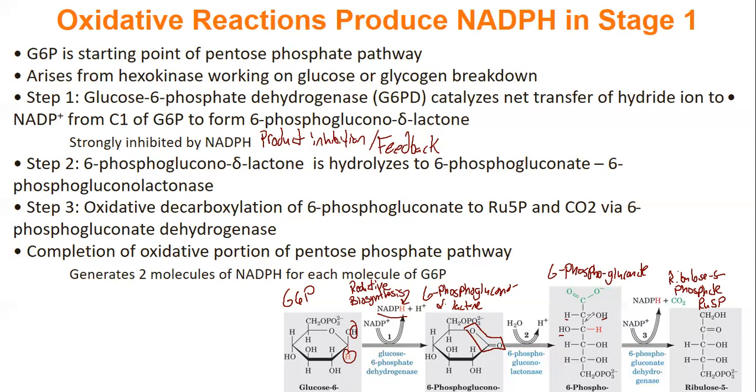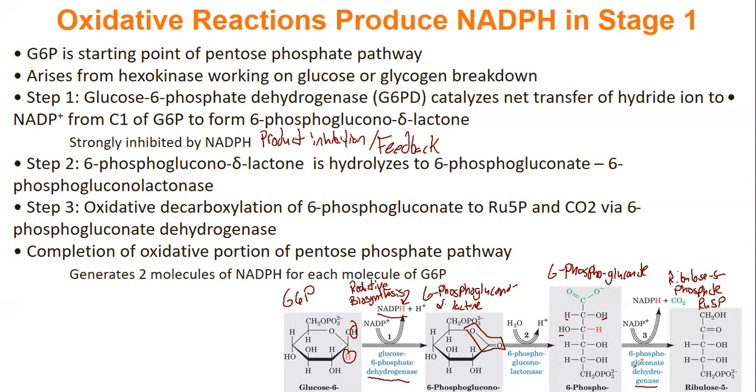The next step is that we take 6-phosphogluconate and we run it through a dehydrogenase. Remember, when we see the word dehydrogenase, and I've been hammering this all semester, you know you're doing a redox reaction. Here, we're making another NADPH, and we're also chopping off a CO2.